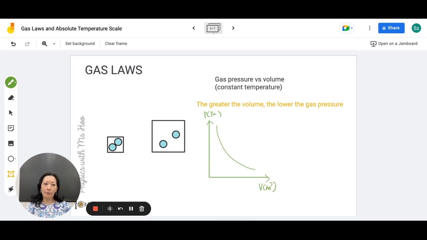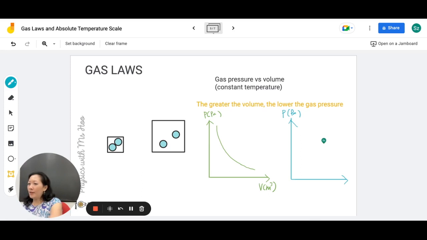If we wanted to make this into a directly proportional graph, what we can do is plot this graph of P against, sorry, my iPad.